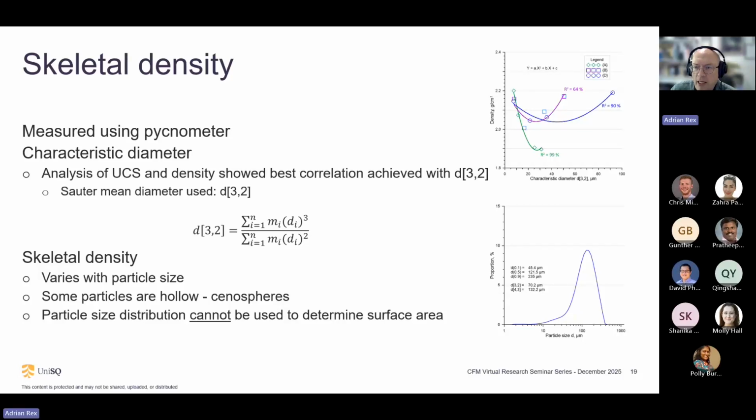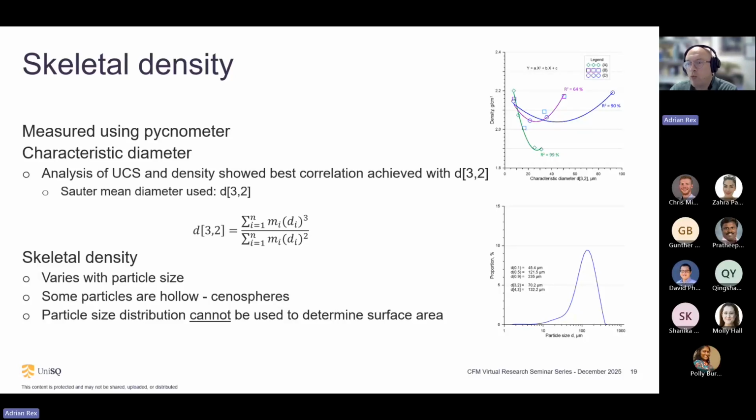Solid particles there, and then in the middle here, we've got some solid particles and some empty hollow spheres. And the proportion of empty hollow spheres, or cenospheres, in the mix rises and drops off. So ash particles are not all the same.